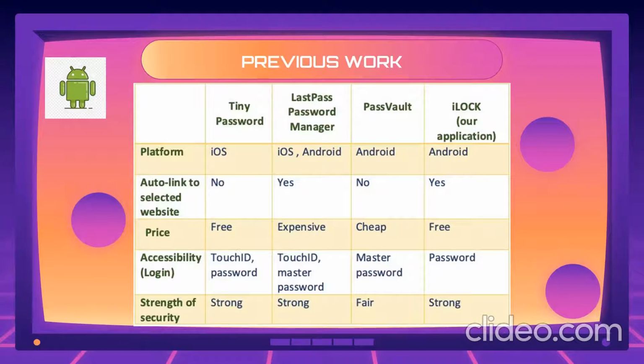They do not need to manually Google the website that they want, as this application has the advantage of auto-linking to selected websites. The users need to enter a password only to log in to this application, and the users do not need to worry about the safety of the password, as the strength of the security is strong.